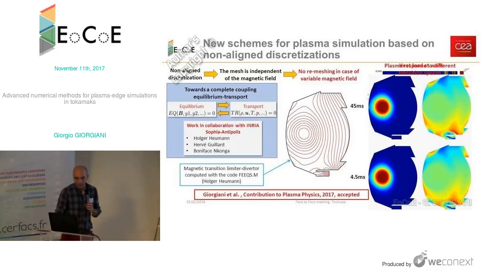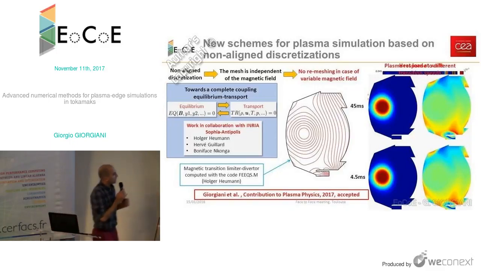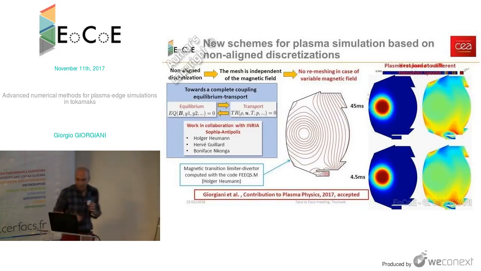Here I'm going to show you the isolines of the magnetic flux. I'm going to show you a movie where you can see the magnetic flux moving in the machine, and we can study the plasma response at different transition speeds.